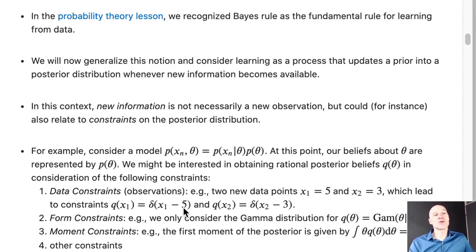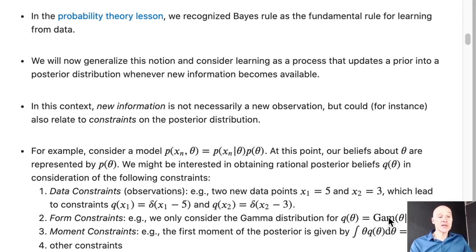But I'm really interested in q over theta, and then the problem is, how does this constraint on the observations relate to q over theta? Well, we can work it out by Bayes' rule. But there are other ways of adding information to the system. I can also say I'm only considering posteriors q over theta from the gamma distribution.